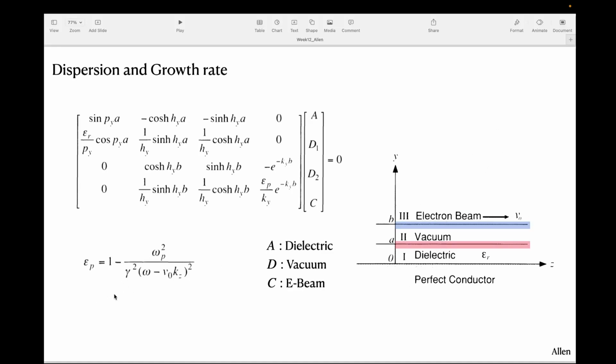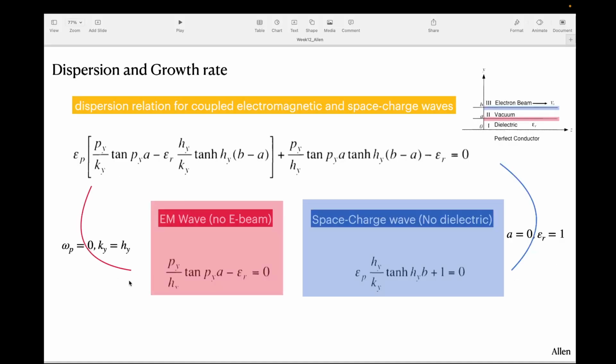So it's relativistic, so we have a gamma here. And with some relation here, we can get the dispersion relation for both the coupled EM wave and the space charge wave.